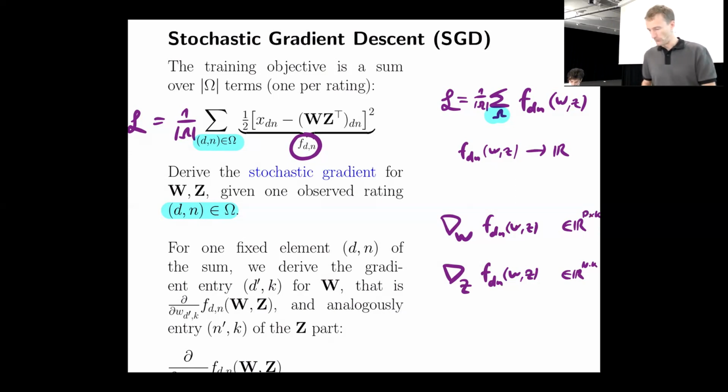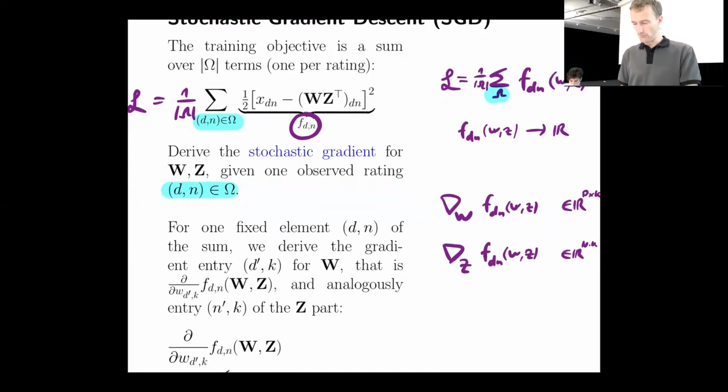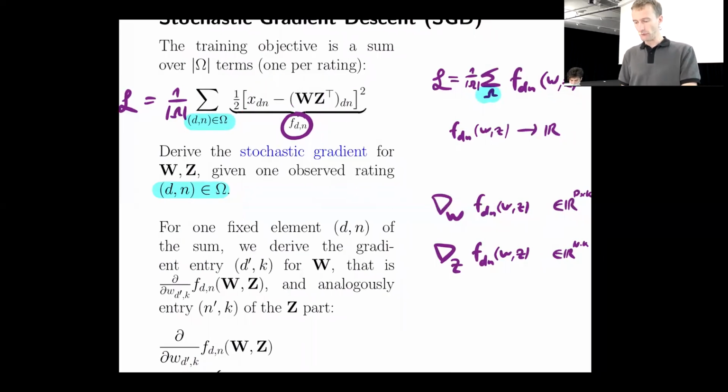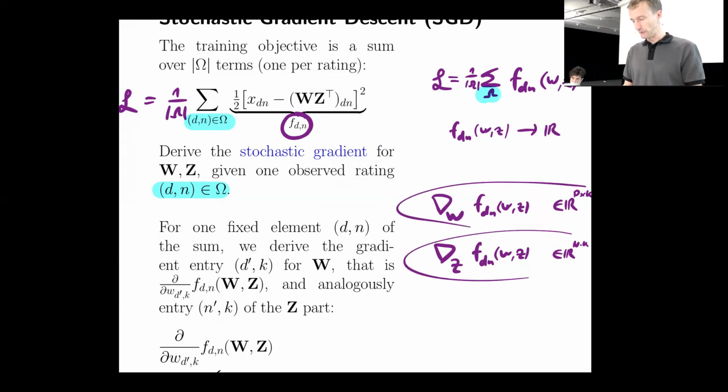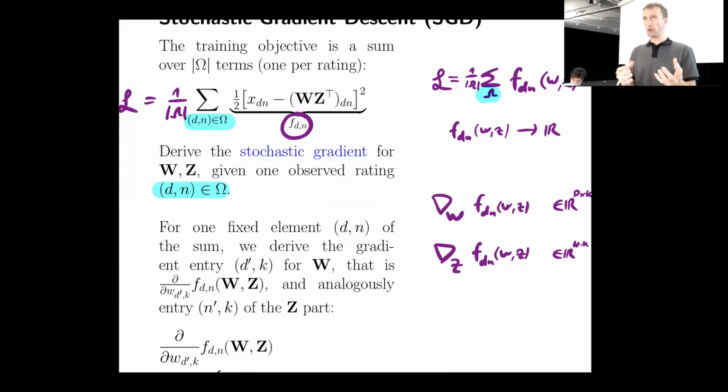Let's see if you can compute them. It's not so hard: you have the square, so you do the chain rule, and we will take the gradient of the inner product. We will do that after the break. This is a big matrix, and this is also a big matrix, which sounds a bit scary because we said we would rather have something very cheap that does not depend on entire matrices.